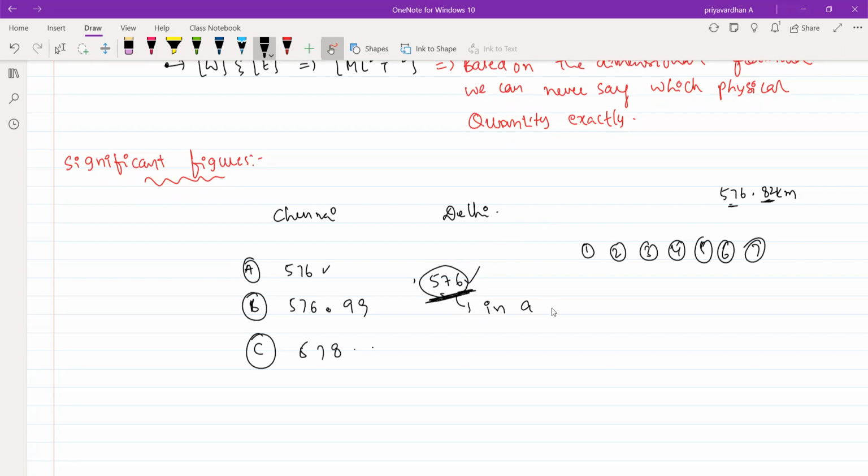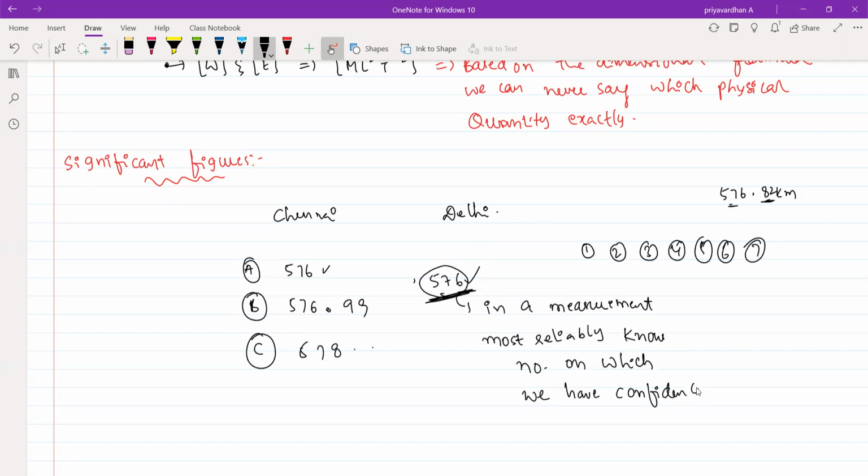In a measurement, the most reliably known number, or the one on which we have confidence. Isn't it? Okay.